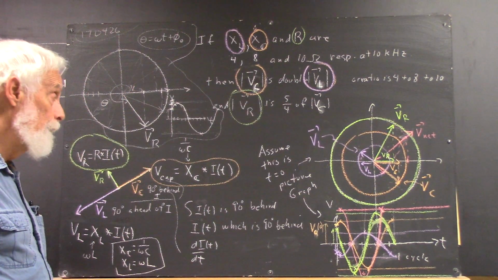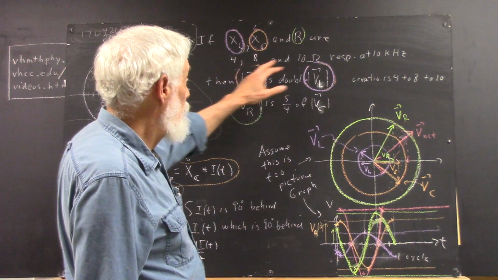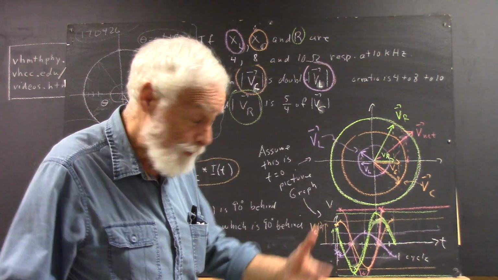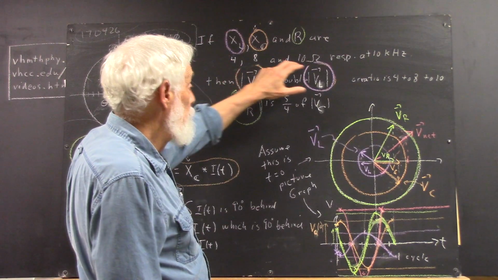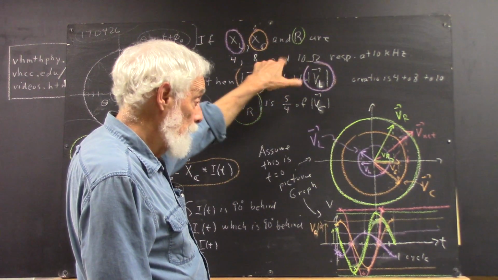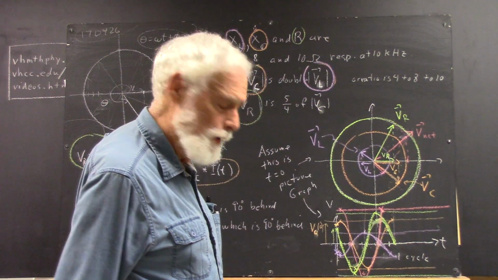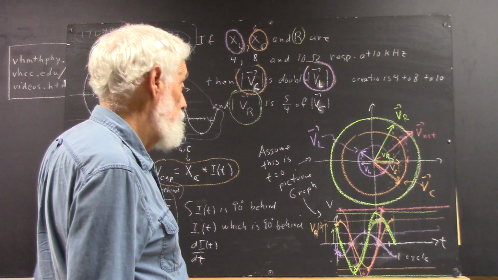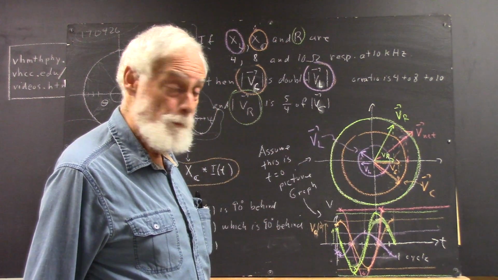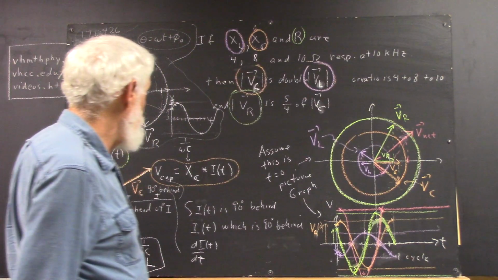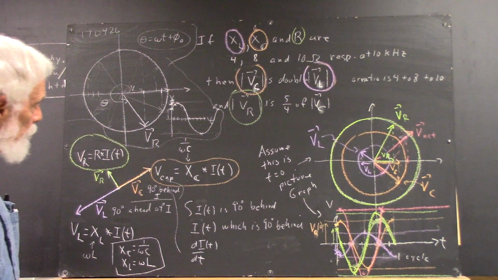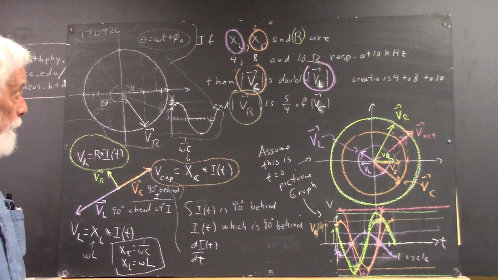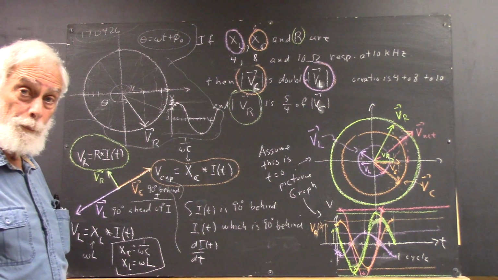Now, I gave you a number of different scenarios. I gave you two reactances, a voltage, and a resistance. So you can draw your phasor diagram. Then I ask, what happens if I change omega? What happens if omega gets bigger?